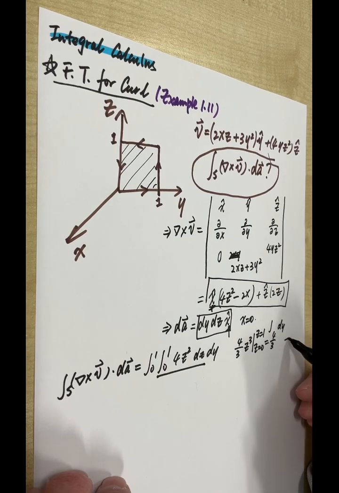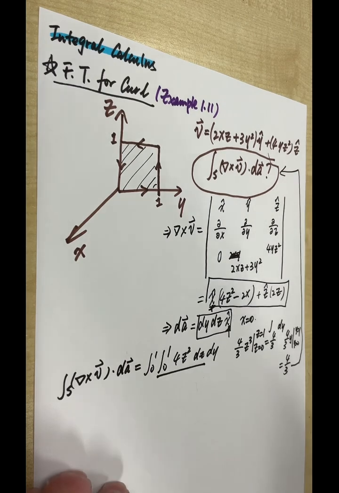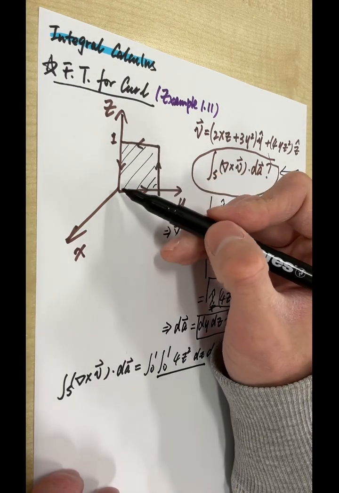What we get is 4 divided by 3 y, y equals 0 to y equals 1. So this gives us 4 divided by 3. That is the answer to this question. So alternatively, you can also do the line integral over this path.